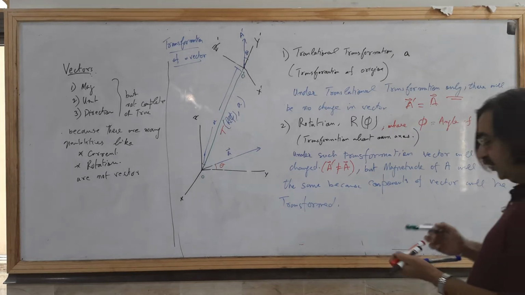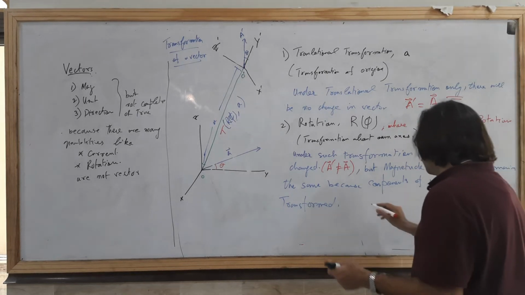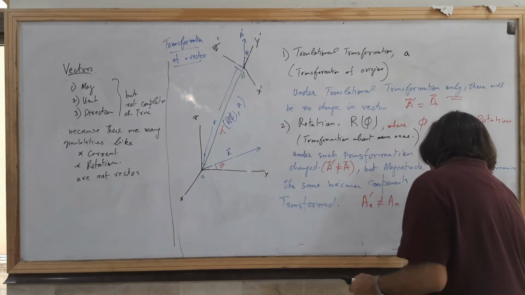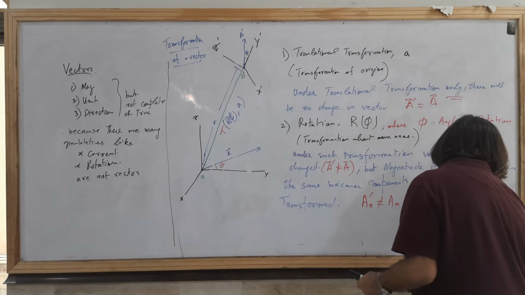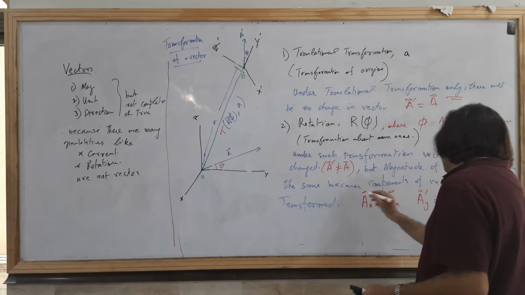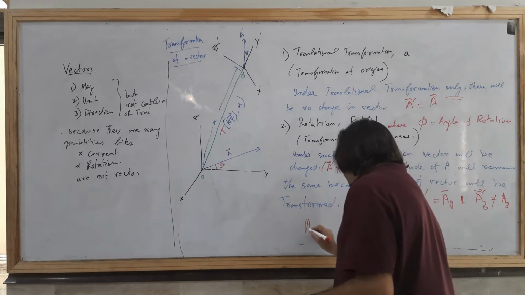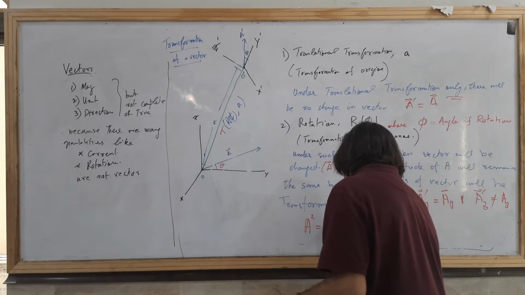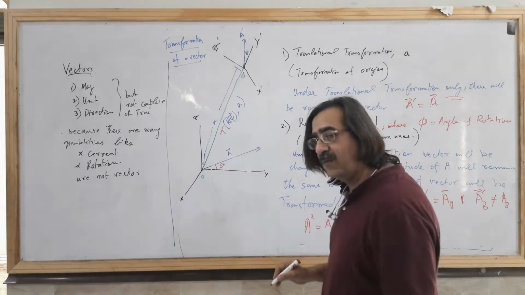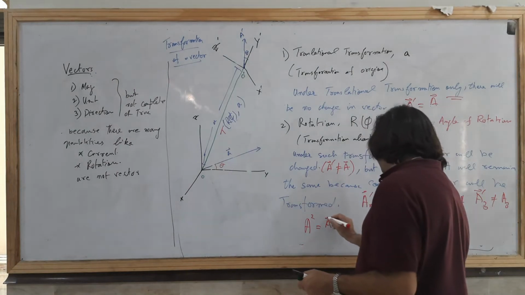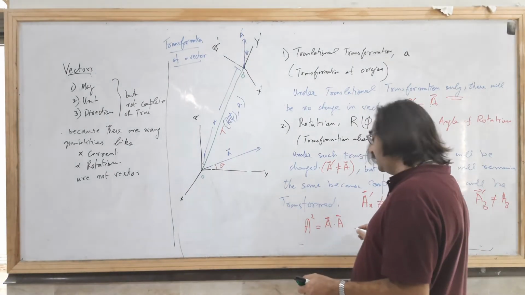Okay, magnitude. ax prime will not equal ax, ay prime will not equal ay, az prime will not equal az, in such a way that A square will be equal to A dot A. We may find the magnitude by taking the dot product with itself. So that will be the magnitude, and it will remain the same.